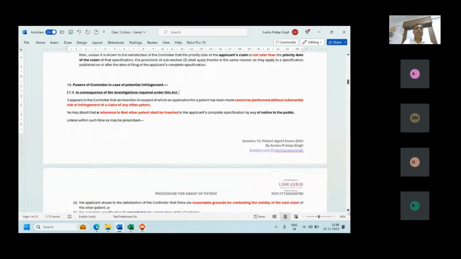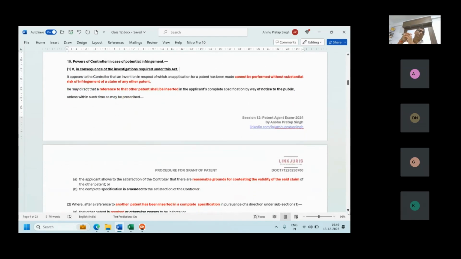Now comes 19. This is also similar to the same thing. Power of controller in case of potential infringement. If, in consequence of investigation required under this Act, it appears to the controller that an invention cannot be performed without substantial risk of infringement of a claim of any other patent, okay, so you have to direct that a reference to that patent shall be by way of notice to the public.